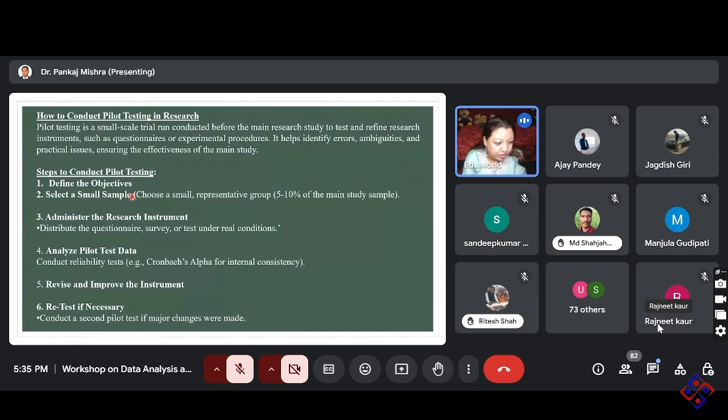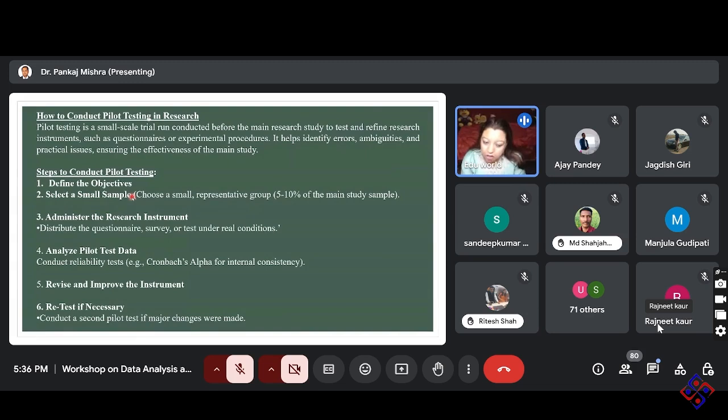Obviously, define the objectives. Based on our research objective, we will select the sample. Now for selecting the sample, it's not like I have thought in my mind, let's take 50 sample, let's take 100 sample, let's take 150 sample. This is not the way of selecting the accurate number of sample. It should be based on your population, how much population you're having.